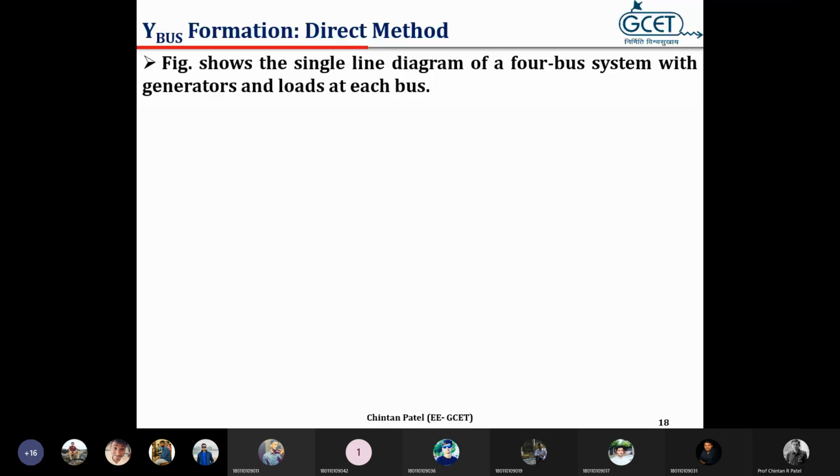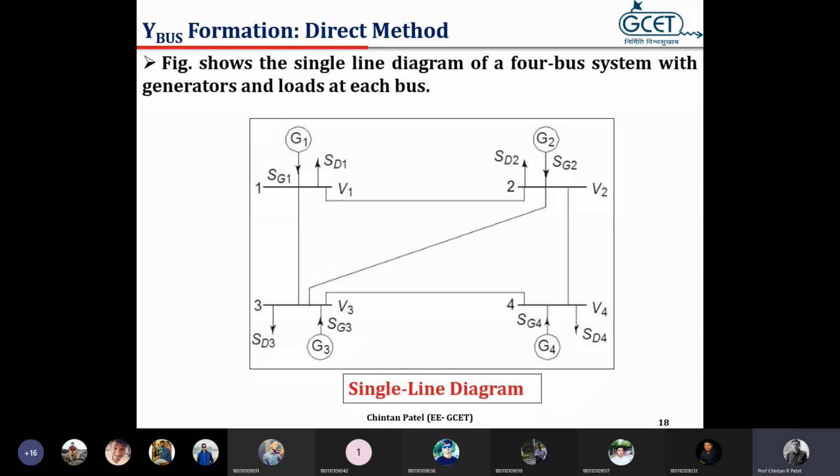So let's assume there is one system, a 4-bus network having a few transmission lines and generators, and loads are also connected at each bus. So SD1 is the complex power demand at bus number 1, and SG1 is the complex power generated at bus number 1. Similarly, at 2, 3 and 4, their respective power demands and power generations are shown.